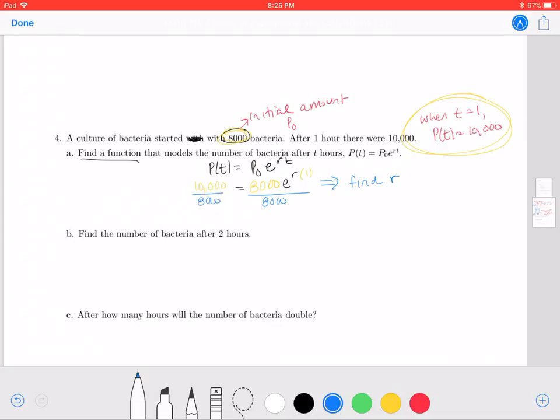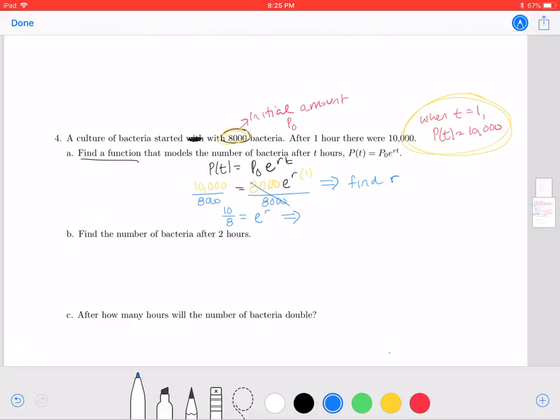I'm going to divide everything by 8,000. So I'm left with 10,000 divided by 8,000, which is really just 10 over 8, is equal to e to the r, because r times 1 is just r, right? Okay.